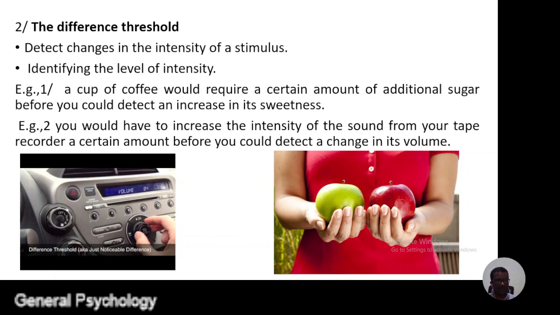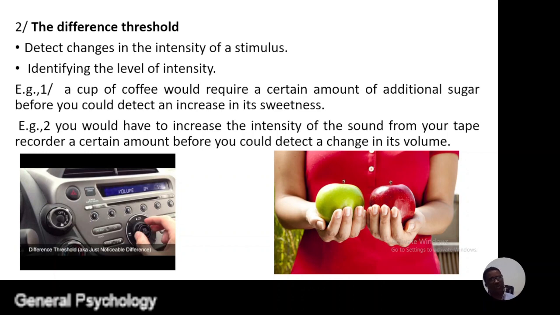You can easily identify the level of intensity. For example, if a cup of coffee receives a certain amount of additional sugar, you can easily detect the sweetness. Or you increase the intensity of the sound from your tape recorder, and you can identify the difference. So difference threshold simply means a change in the level of the stimulus.